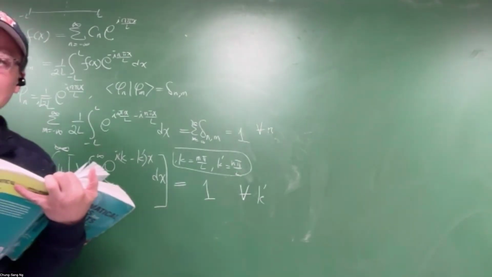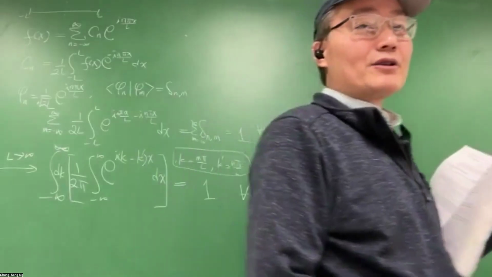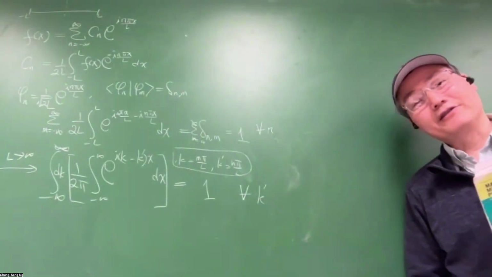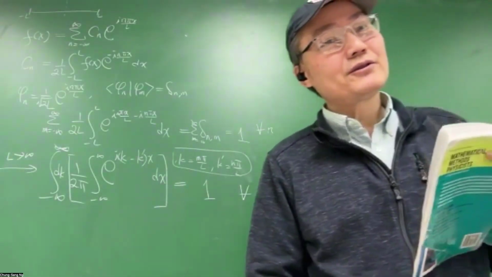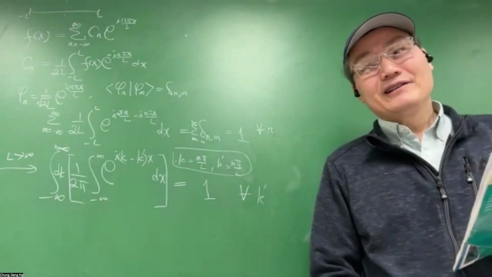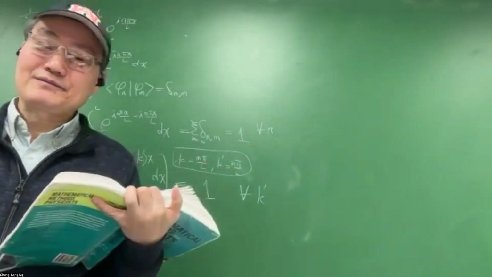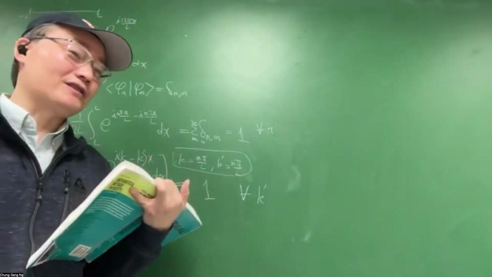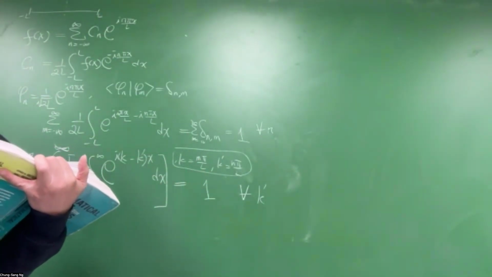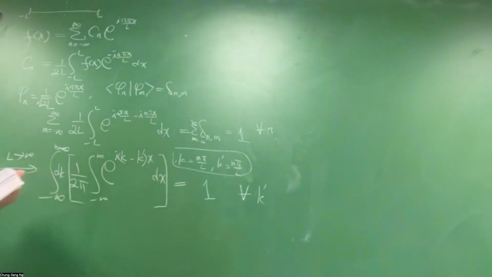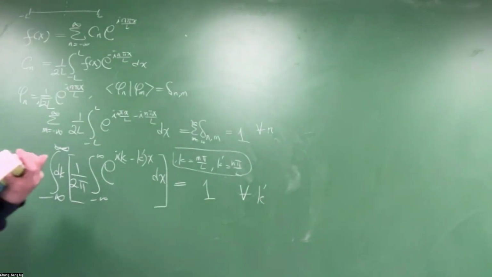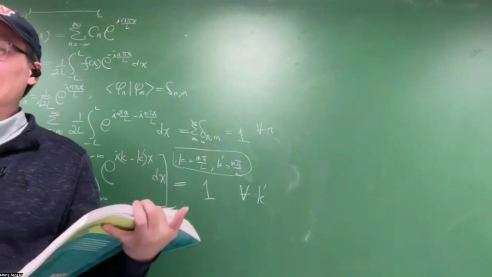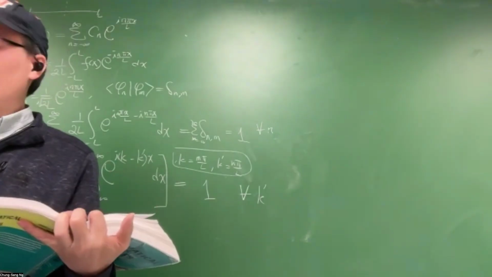So that's why I spend the time, because finally we will derive an equation that is very useful, very commonly used, and you should memorize that. This is one of the bases of when we do analysis, at least for physicists, we use this equation all the time. Okay, so that's why I spend more time to explain it, because it looks like it comes from thin air, and then it looks like it's not well defined.